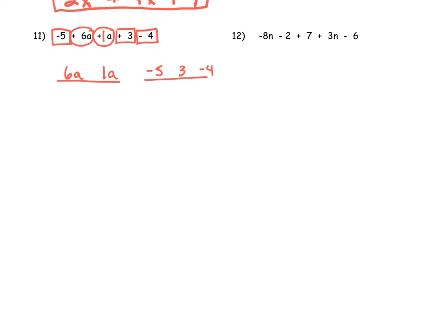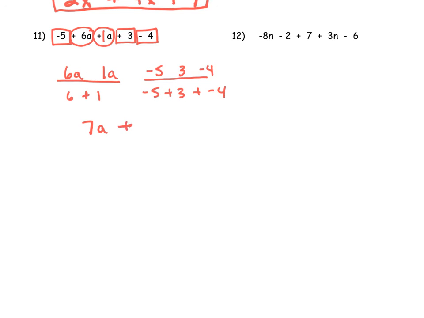And all of those constants I'm going to be able to combine as one number. So continuing, 6 plus 1 is 7a, and then negative 5 plus 3 is negative 2, and negative 2 plus negative 4 gives me negative 6.